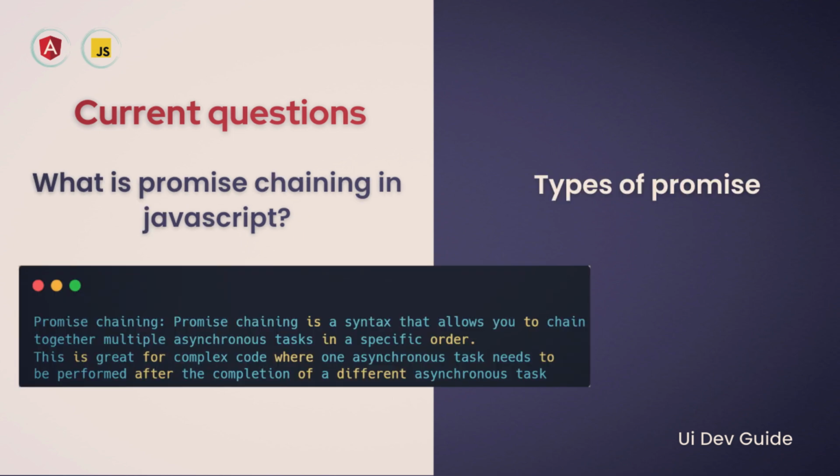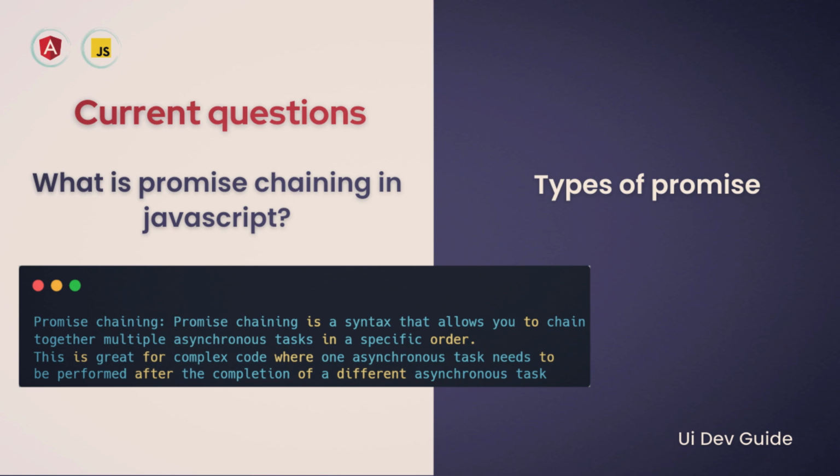What is promise chaining? If you need three to four promises line by line, then promise one dot then, p2 dot then, p3 dot then, p4.